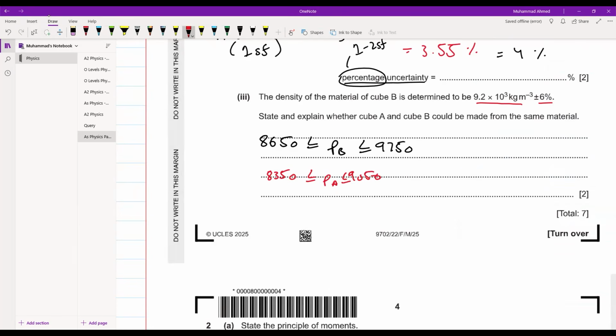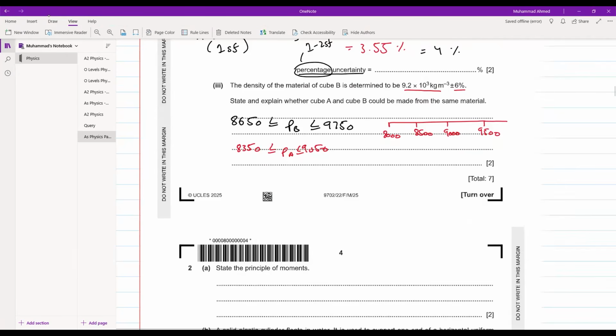If I draw a number line here, this is 8,000, 8,500, 9,000, and let's say this is 9,500. Let's extend it forward as well. Let's say this is 10,000. Can you create a line for the range of density A and density B?